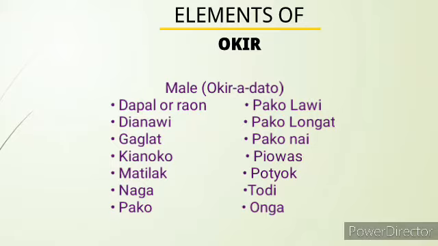Naga, means a sea serpent in the shape of an S. Unga, means a fruit. Paku, a fern frond or a spiral. Pakulawi, means a fern frond resembling a rooster feather. Pakulungat, means a fern frond with a cut at one edge. Pakunay, means a fern frond with two or more cuts on one edge. Yuwas, means betel nut seed. Putyuk, means a bud. Tudi, means a flower.